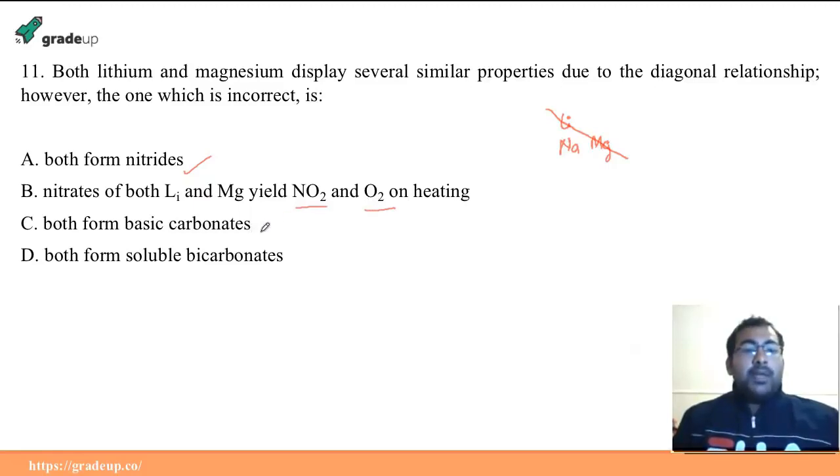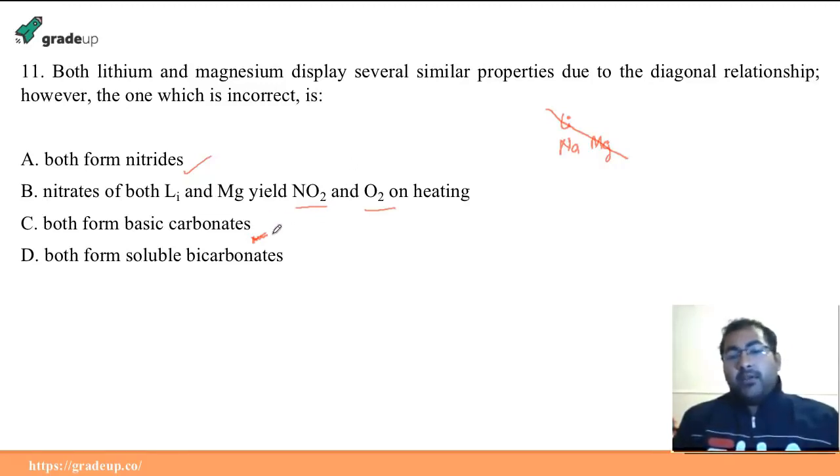They both form basic carbonates. That is actually not correct, I'll tell you why. Both of them form soluble bicarbonates. That is correct. In fact, all the bicarbonates are soluble whenever they are formed, so you should know about that.